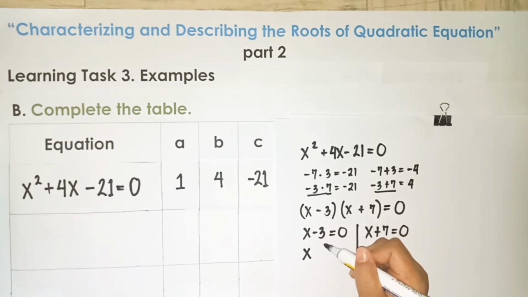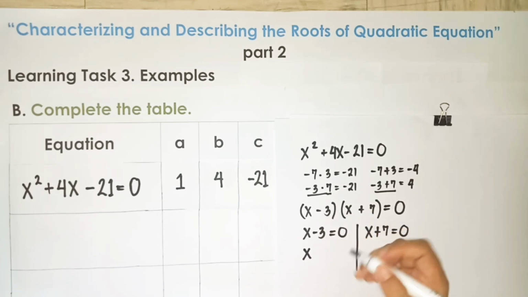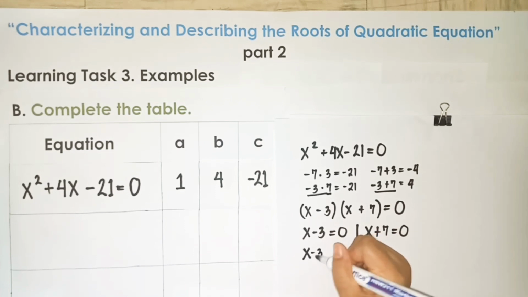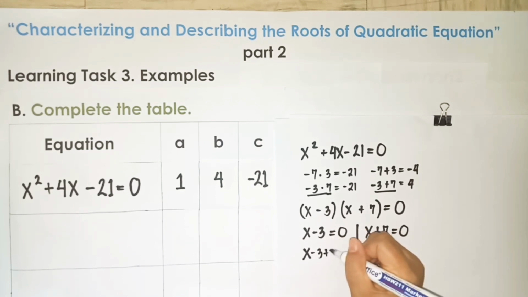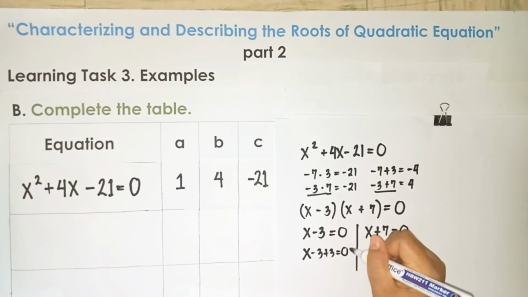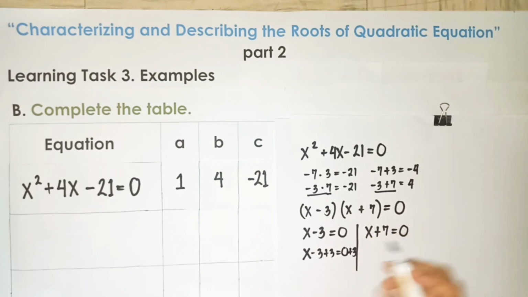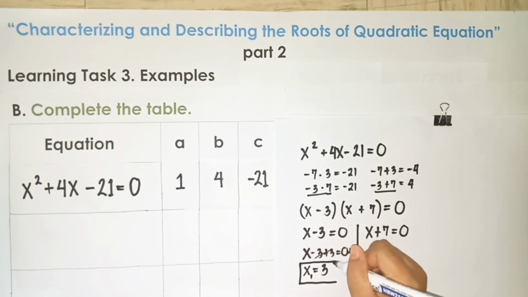If we add positive 3 to both sides, negative 3 plus 3 equals 0 plus 3. So, this will be cancelled, and then x will remain, and 0 plus 3 is equal to 3. Therefore, our x sub 1 is equal to positive 3.